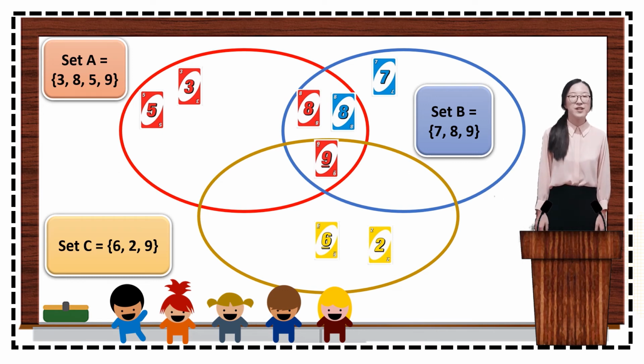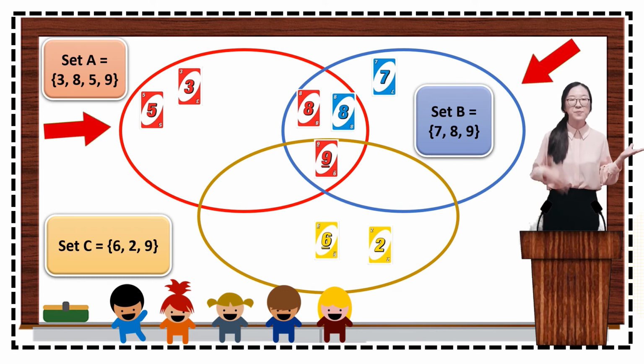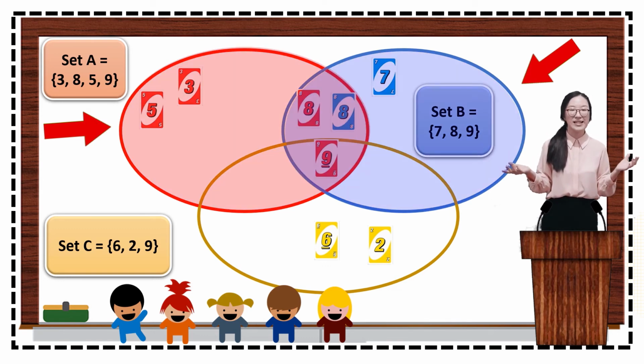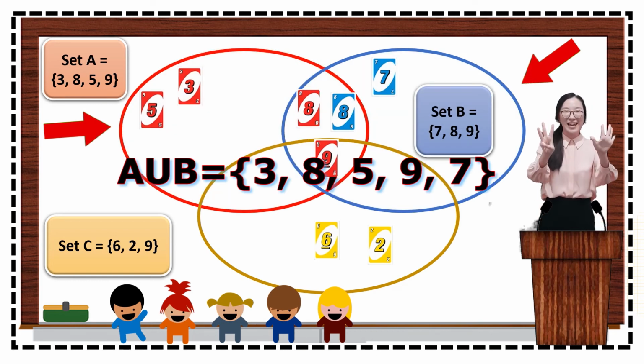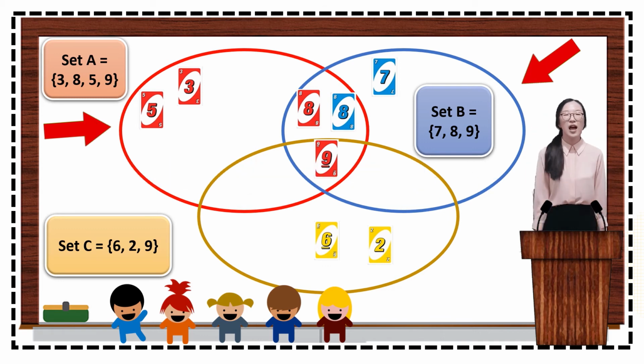For example, the union of set A and B will contain all the elements in the shaded region, since we want all elements. Hence, the answer will be 3, 8, 5, 9, and 7.